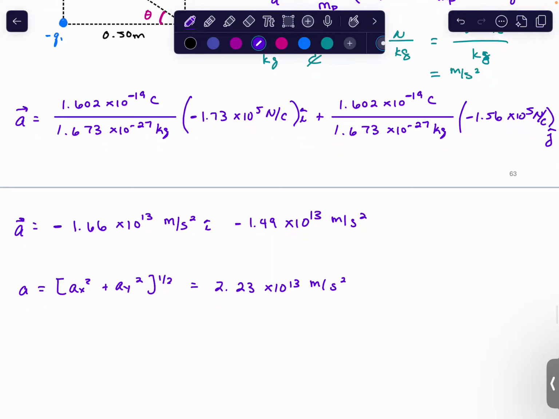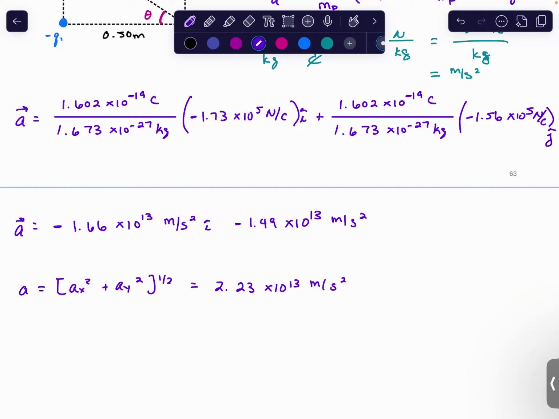So if you think about this, have any of you ever fallen off something high up and it hurt when you hit the ground? Okay, well, your acceleration is 9.8 meters per second squared, and you feel how hard you hit. This is on the order of 10 to the 13th meters per second squared. How fast would you be going if you just fell off your bed by the time you hit the floor? You'd be a puddle, just falling off your bed.